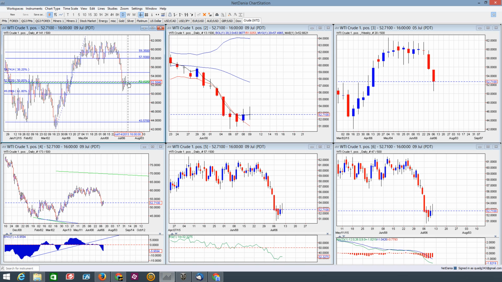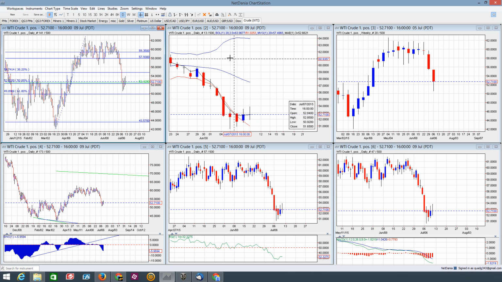I think this market could give one more shot to the downside, maybe test that 61.8% Fibo, set up a possible positive divergence on some oscillators, and give us a turnaround, possibly next week.